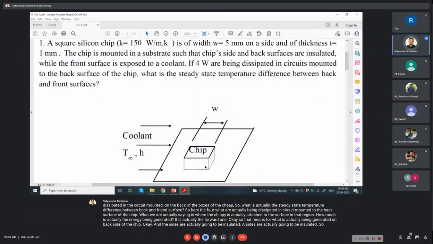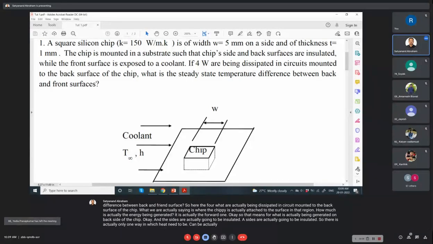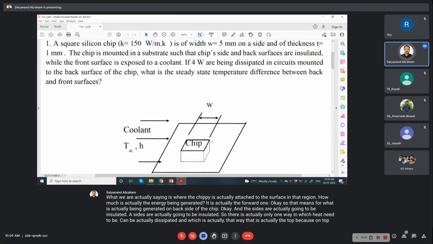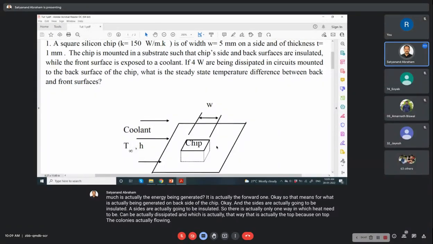So there is only one way in which heat can be dissipated, and that is the top, because on top the coolant is flowing. Do you understand the problem?